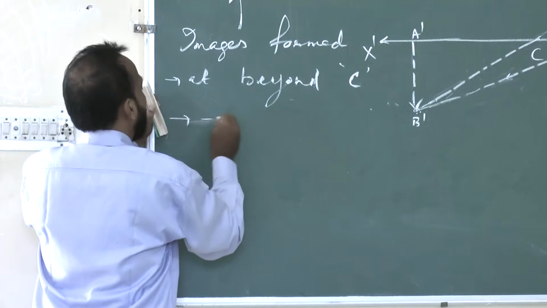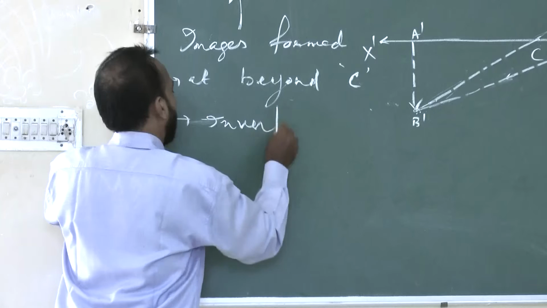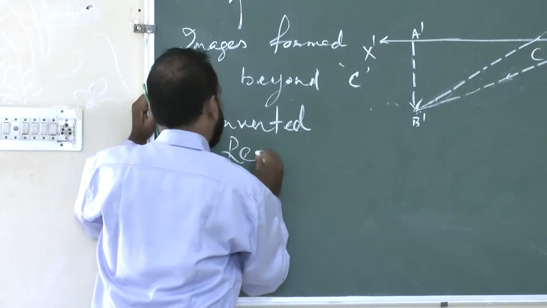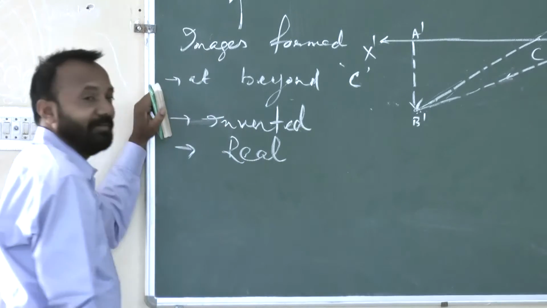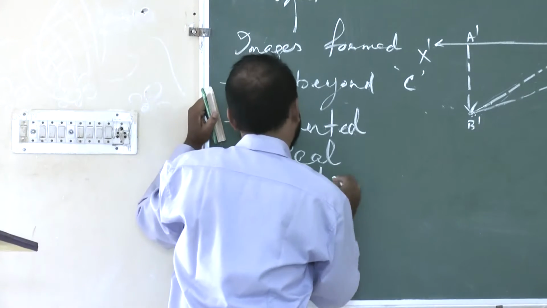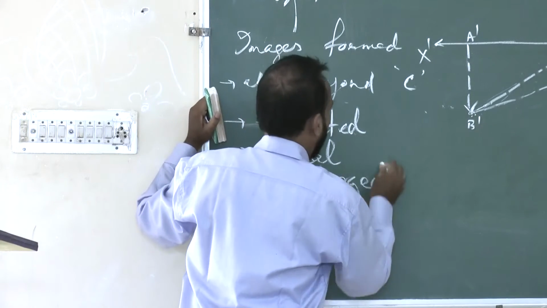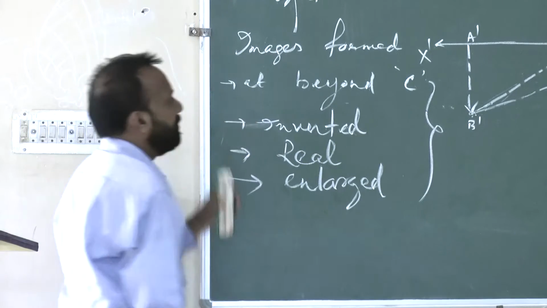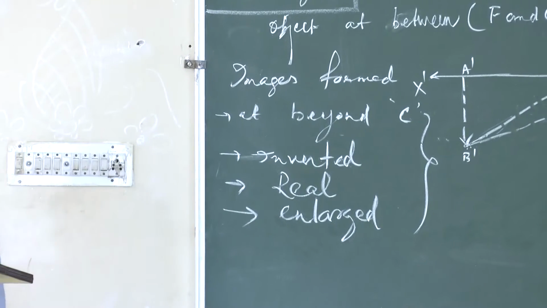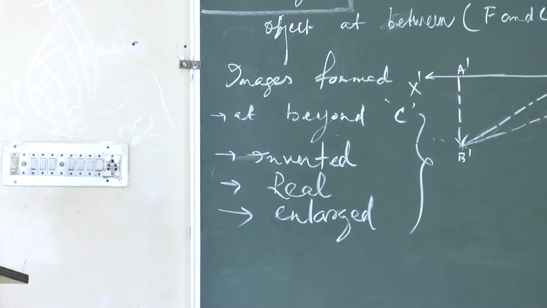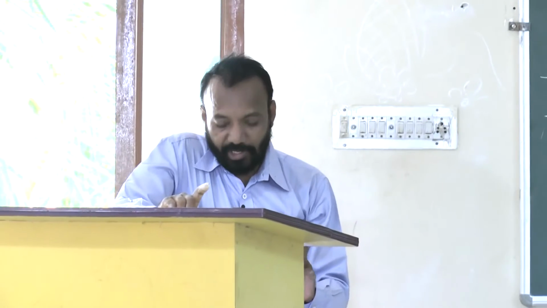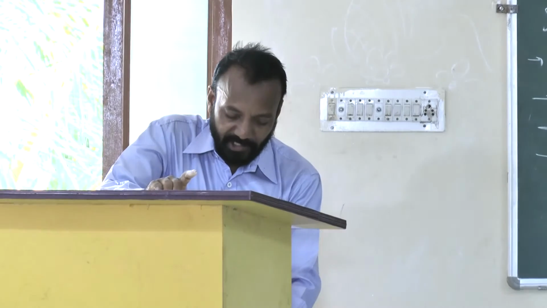Yes, inverted. Then real, yes, and enlarged. Very good. These are the nature of the image formed. Whenever the object is in between F and C, focus and center of curvature, the image is no doubt real because it is a concave mirror.